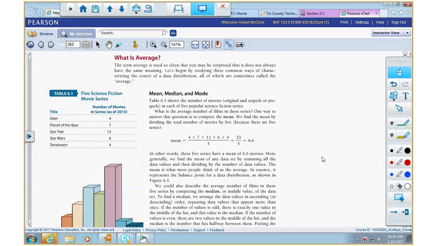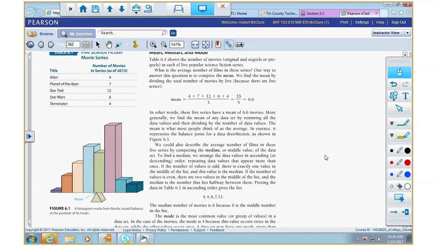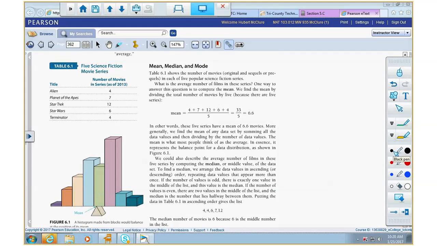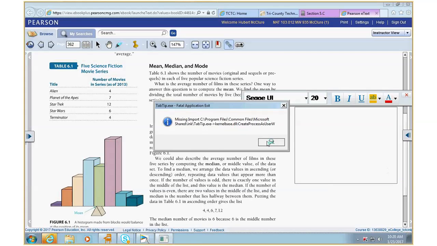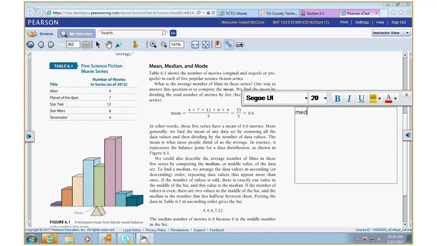Now, the median, you need to make a little adjustment on the median. If n is equal to an odd number, then you take the middle. So if you have 15 numbers, you count down 7 and you take that 8th number and that's your median.